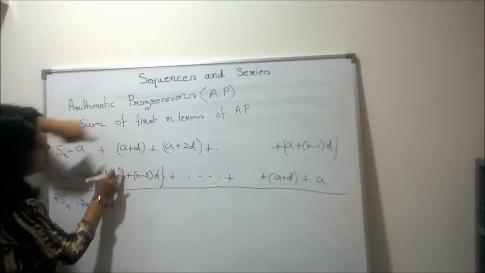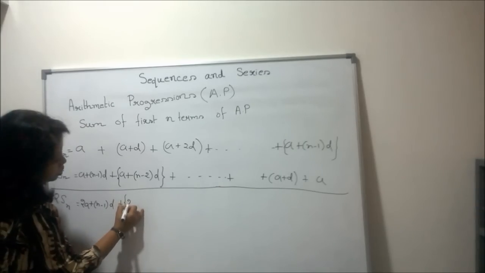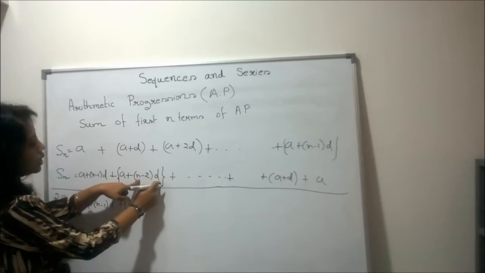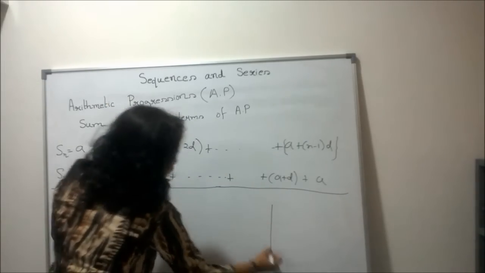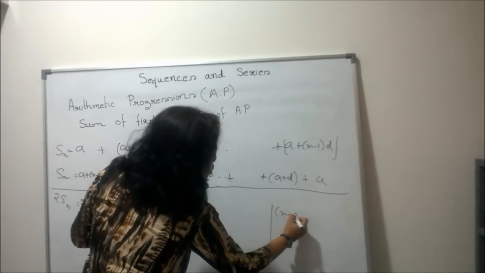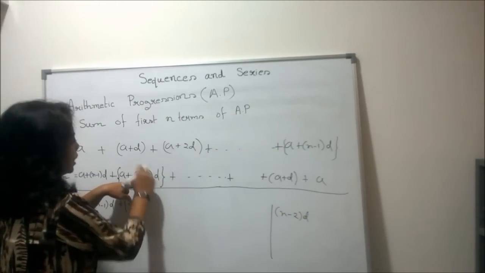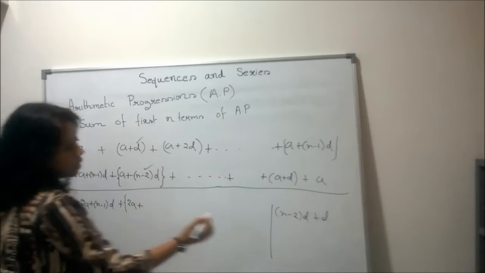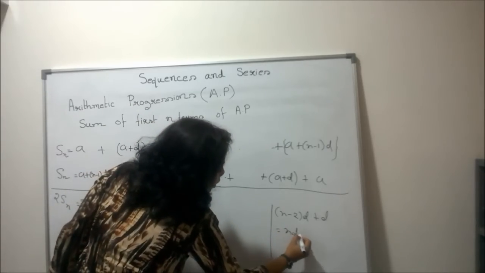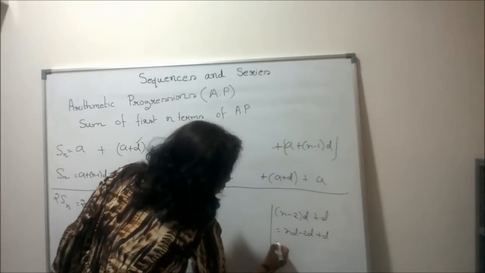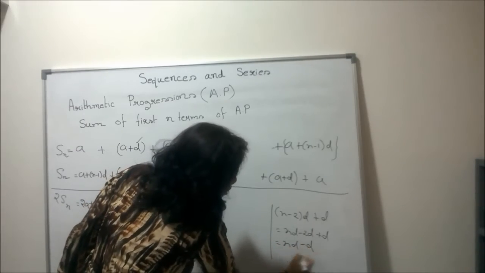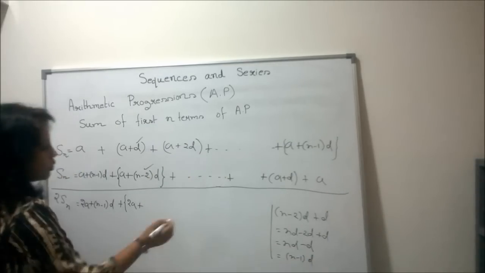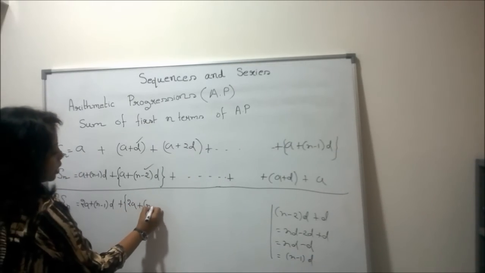So here also 2a plus, here you see here is n minus 2 d and here is d. Just check it in rough: that is n minus 2 d and we are adding this plus d. So here nd minus 2d plus d, so here is nd minus d. If we take d common, that means n minus 1 d. So here we can write n minus 1 d.